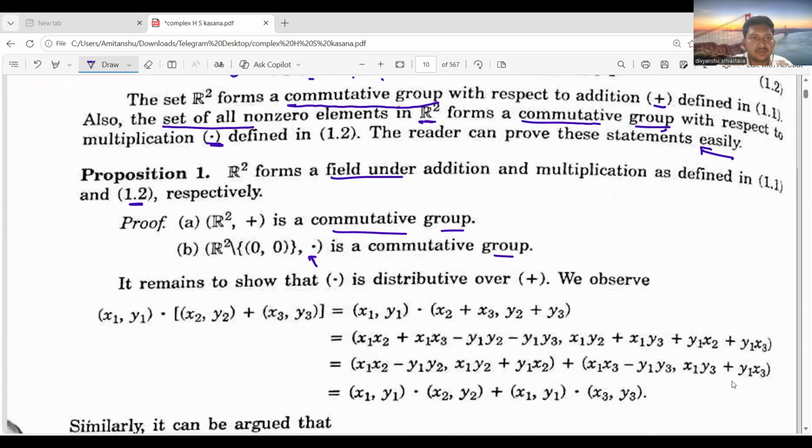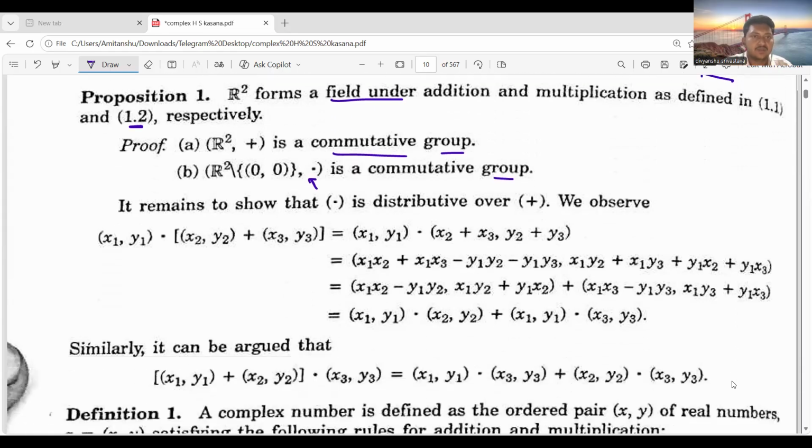So here in the first section, R square with plus, when you go for the addition section, is a commutative group, and you prove it like this. When you have some portion like this, this is the distributive property over addition. So here you observe this.